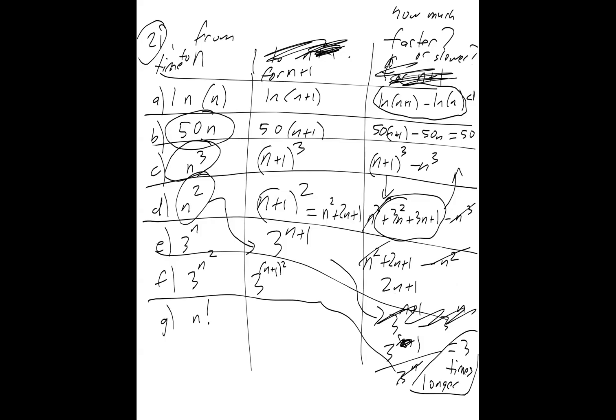By the way, this page is getting a little bit full of information. Let me just go to a new page. So I'll rewrite this on a new page. So 3 to the n squared is what it was, right?